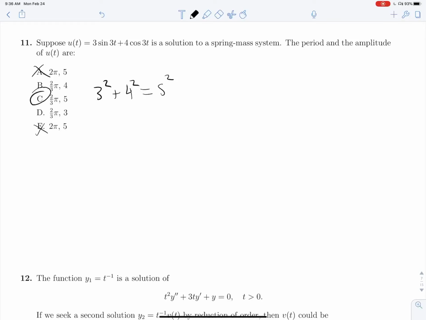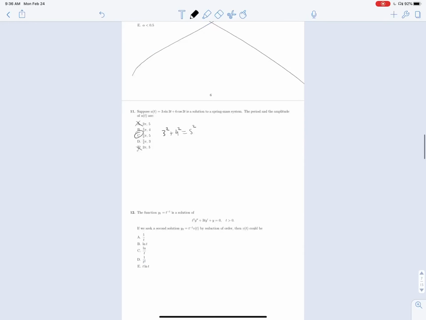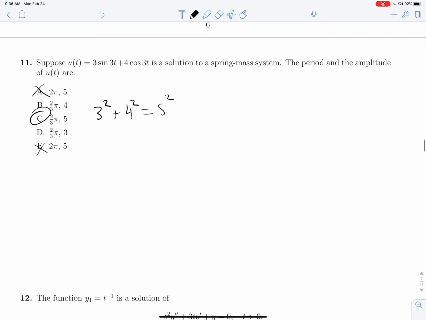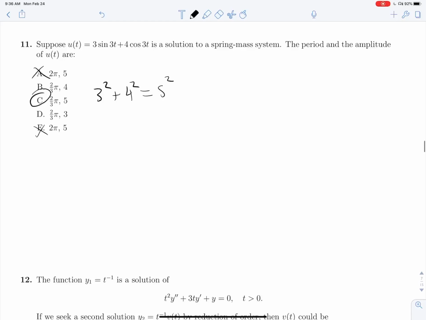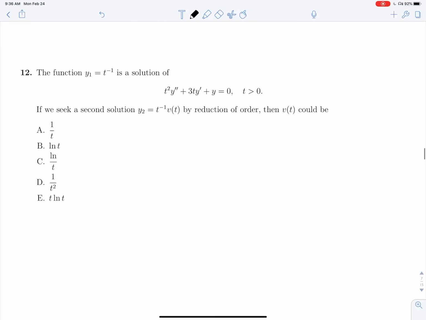No clue if that has anything to do with why 5 is the solution, but 11, as it turns out, is C. So go figure. So don't take anything that I just did there besides the period. I do know that calculation of the period was correct, but try not to take that too seriously.